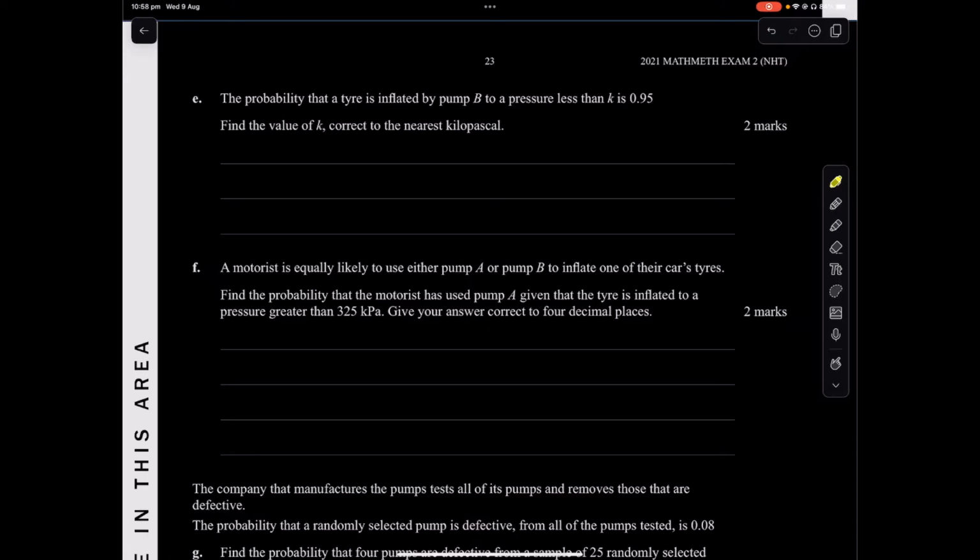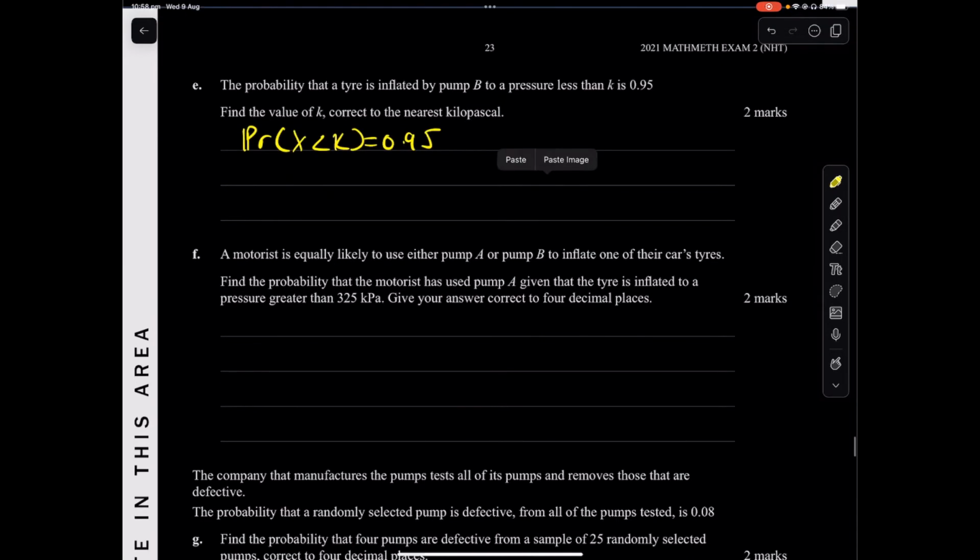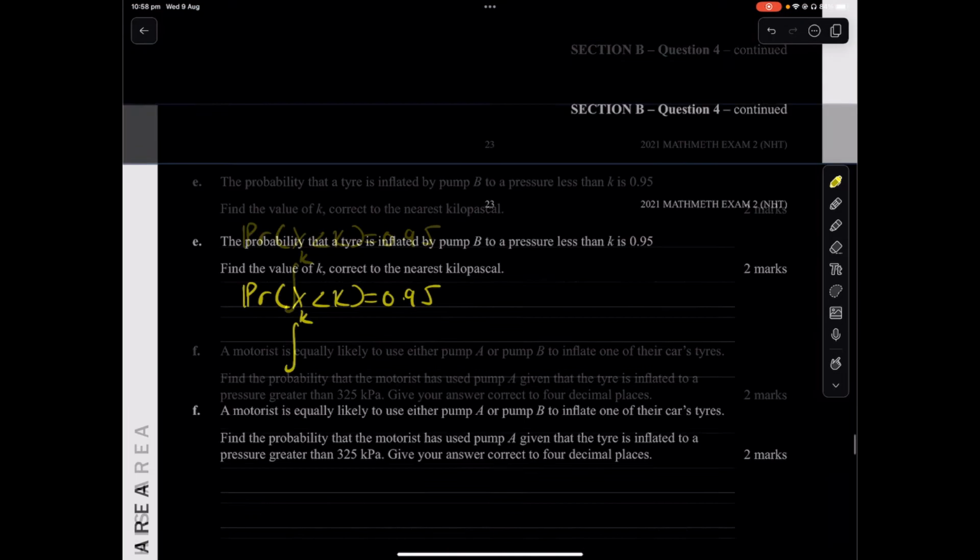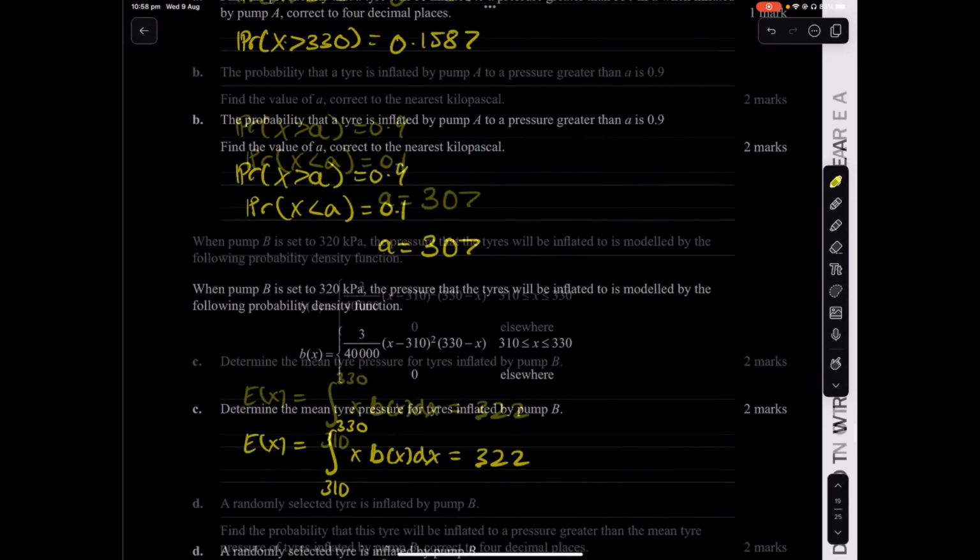Find the probability that a tire is inflated by pump B to a pressure less than K is 0.95. And we want to find our K value. So this can be written as the integral from 310 to K of b of x dx, which must equal 0.95. What's our least value? 310.